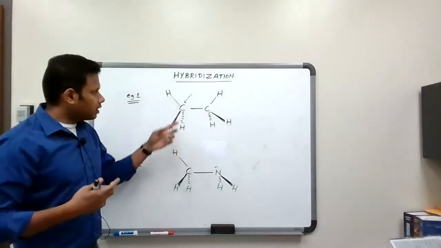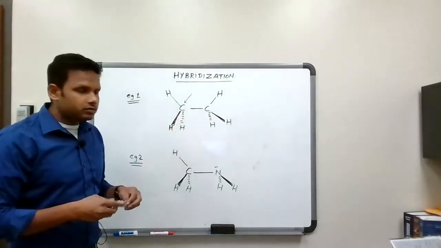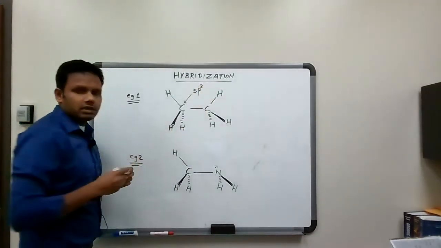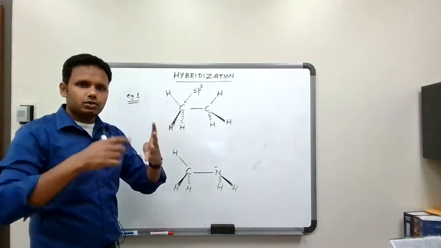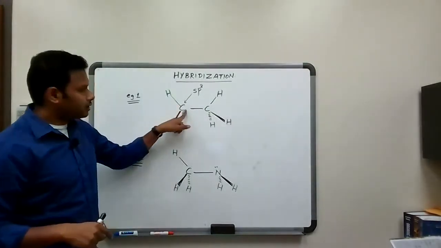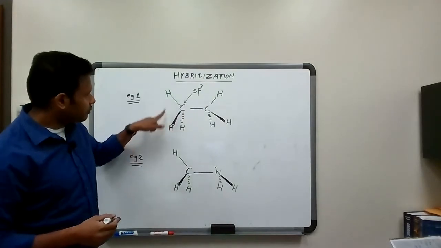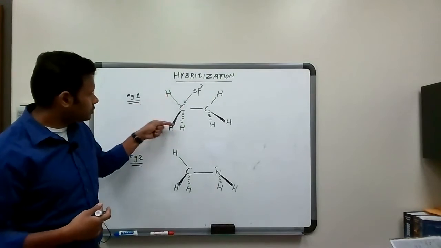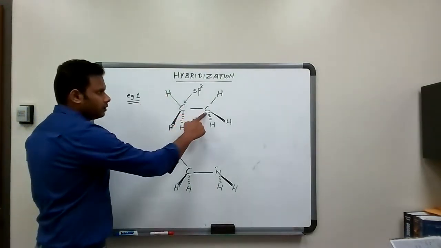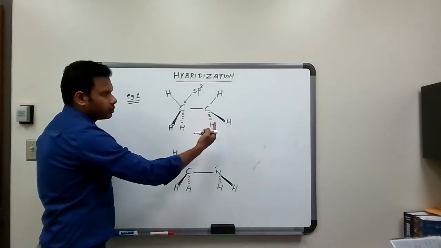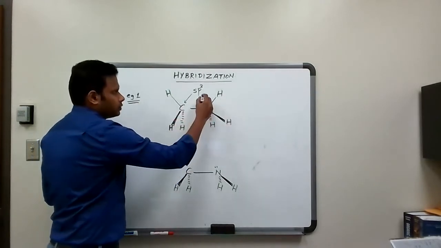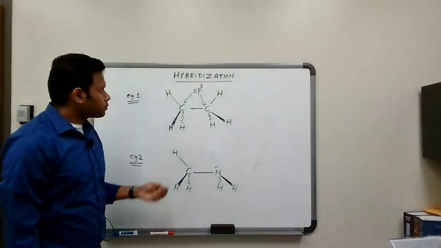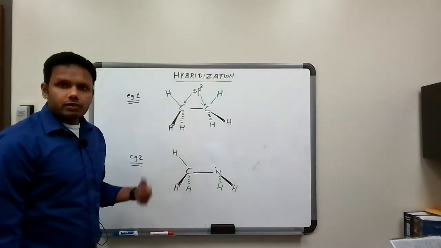So whenever an element is bonded to 4 atoms, it is sp3 hybridized, because it needs 4 orbitals to bond with those elements. So that carbon is sp3 hybridized because it has 4 groups around it, which includes atoms and lone pairs. The other carbon also has 4 groups around it, 1, 2, 3, and 4. So this is also sp3 hybridized. Okay. So these are both sp3 hybridized.